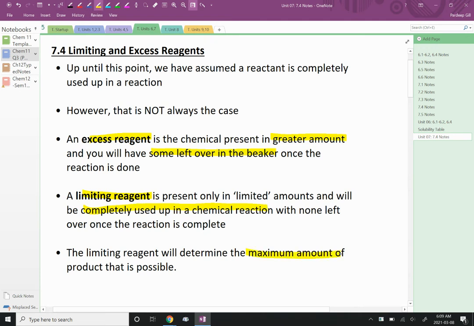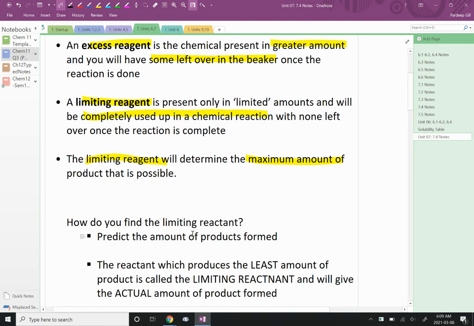So now moving forward, if we're given two pieces of information in a calculation, we're going to have to figure out which is the limiting reactant and which is the excess reactant. In previous questions, you didn't have to worry about that. You were always given one piece of information.